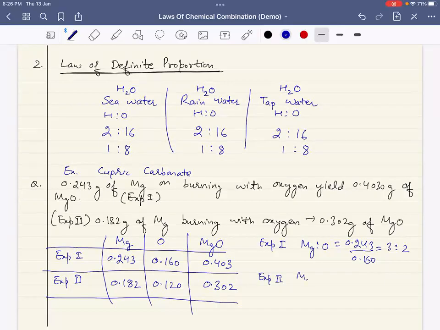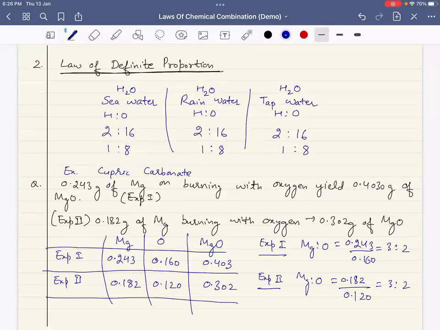And in experiment 2, the ratio of mass of magnesium and oxygen is equal to 0.182 divided by 0.120. That also comes out to be 3:2. That means there are 3 parts of magnesium in 5 parts of magnesium oxide. So in both experiment 1 as well as experiment 2, the ratio of mass of magnesium and oxygen is the same. So we can say that this follows the law of definite proportion by mass.